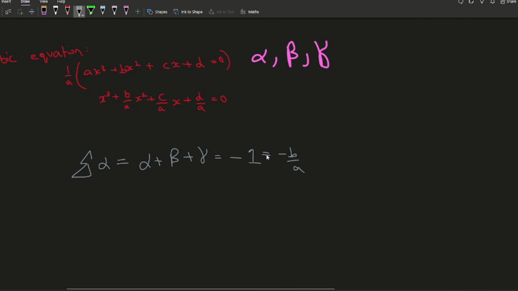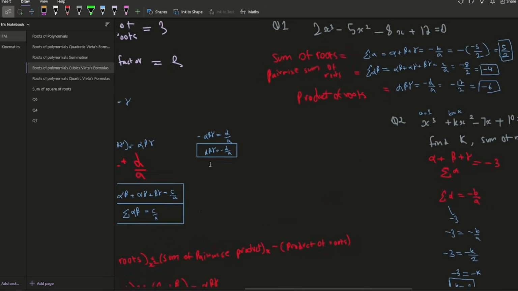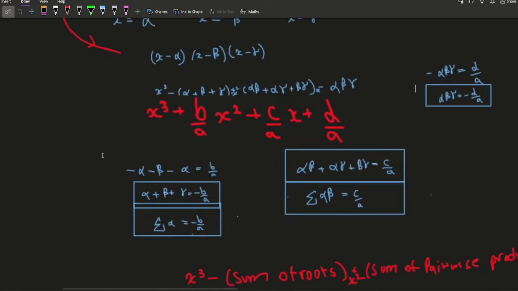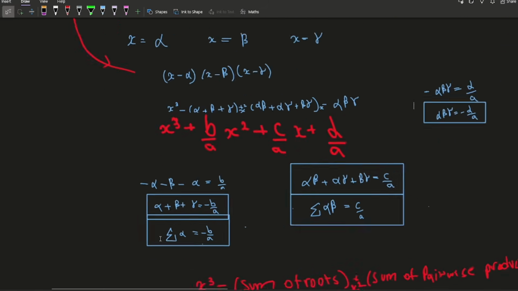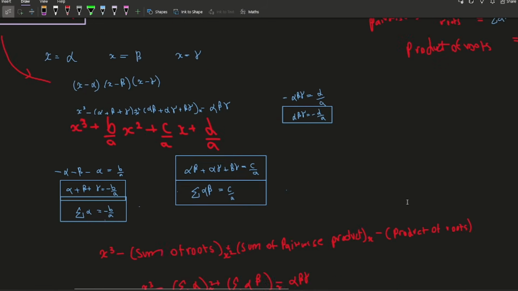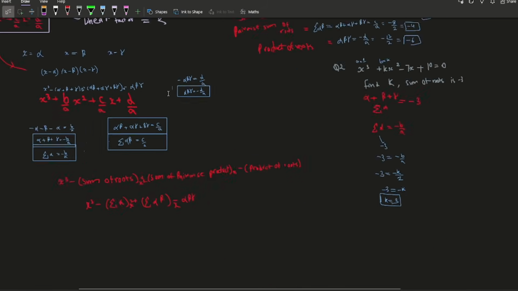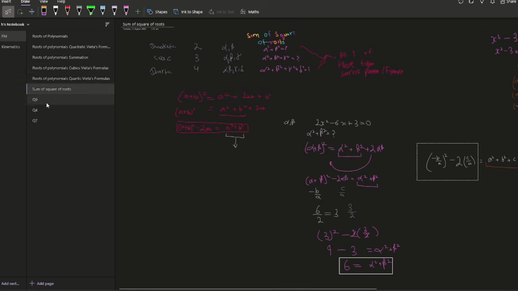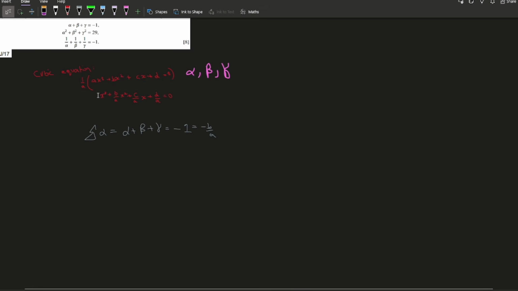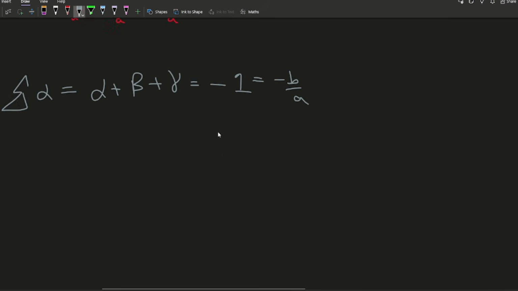This is Vieta's formula for sum of roots, minus b over a, sum of pairwise roots c over a, and product of roots minus d over a. So let's implement that here. Now we know that -1 equals minus b over a because we used Vieta's relations.